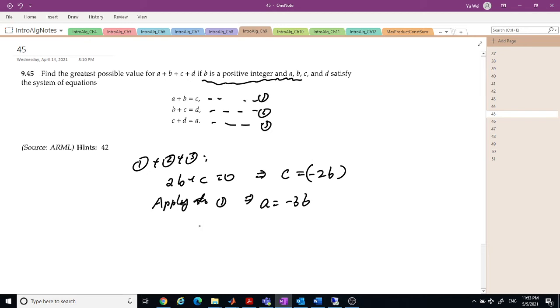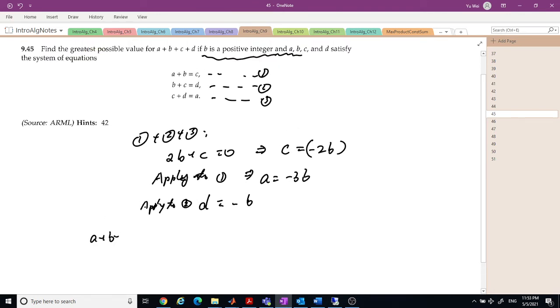Okay, then we have d, with c equal to negative 2b, d equals to negative b, right?